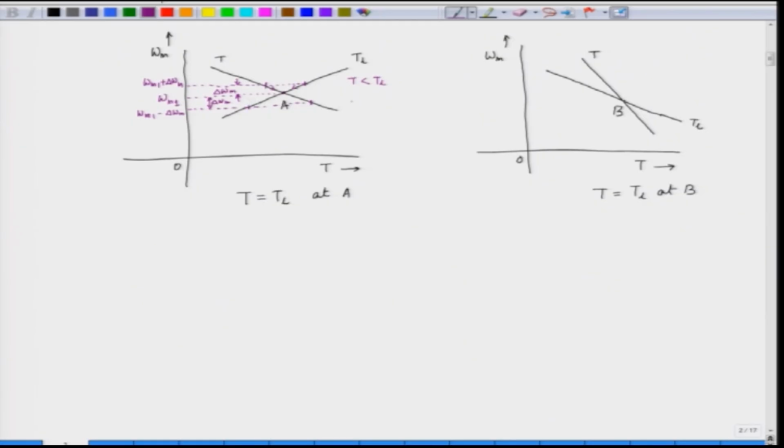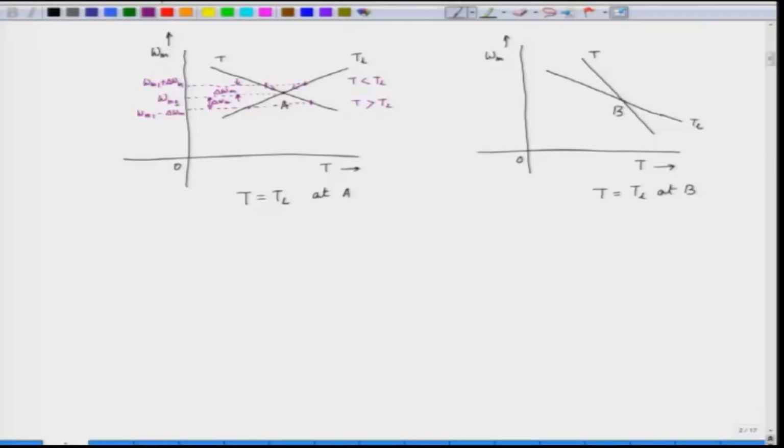So, we find the motor torque is more than the load torque, which means the motor will try to drive the load and the speed will increase. So, this will result in an increase of the speed. The characteristic will be travelled in this particular fashion and then will reach this equilibrium point.